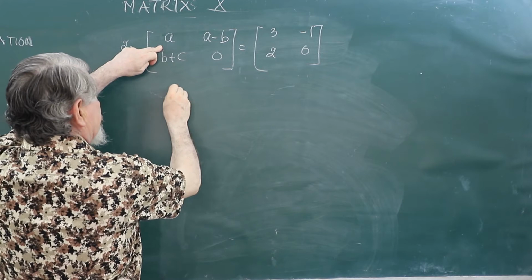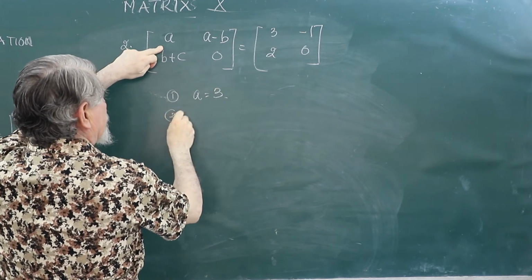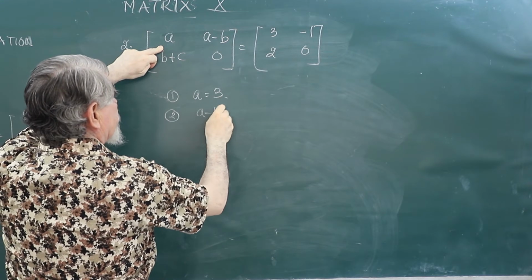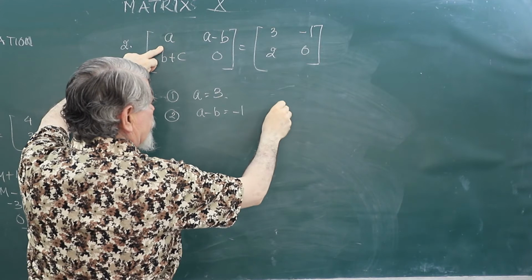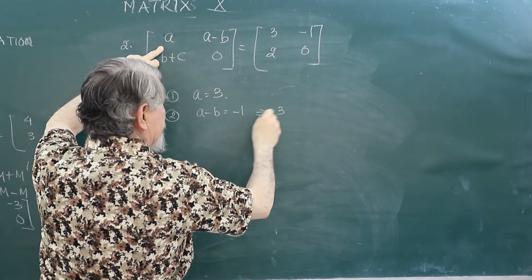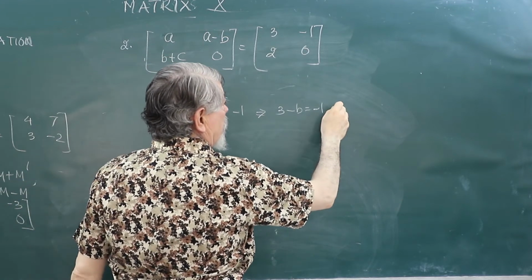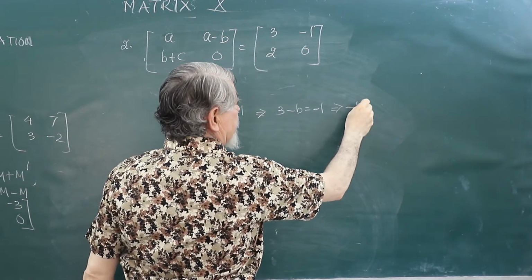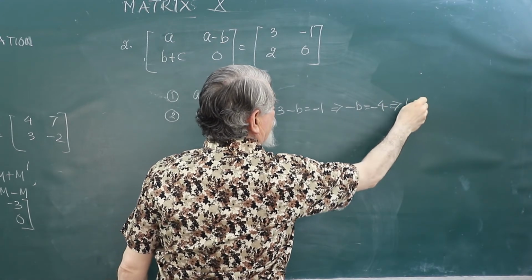So first one is A is equal to 3. Second one, A minus B is equal to minus 1. A is 3, so put the value 3 here. 3 minus B is equal to minus 1, that will imply minus B is equal to minus 4, or B is equal to 4.